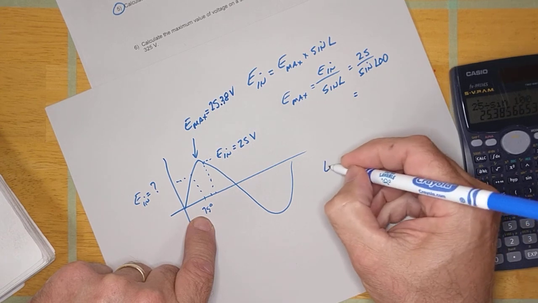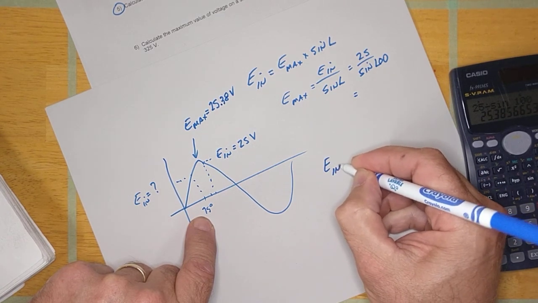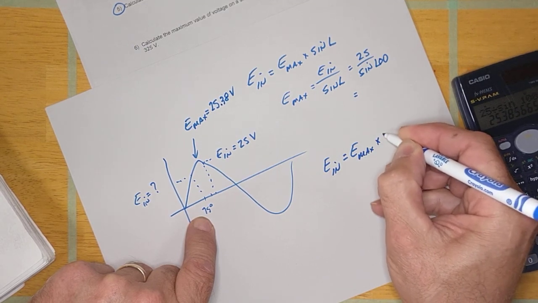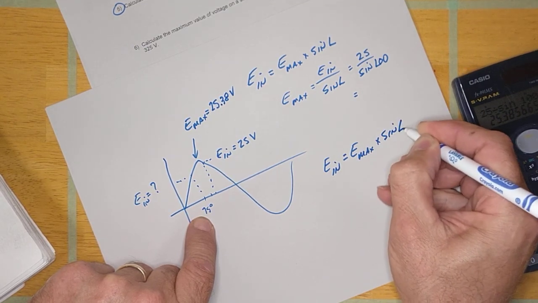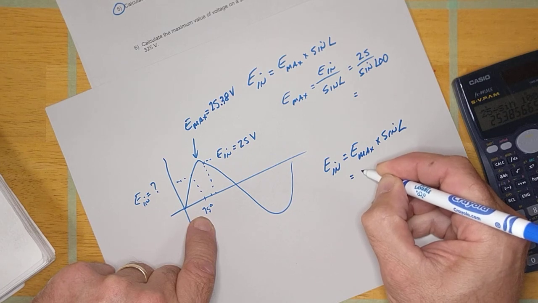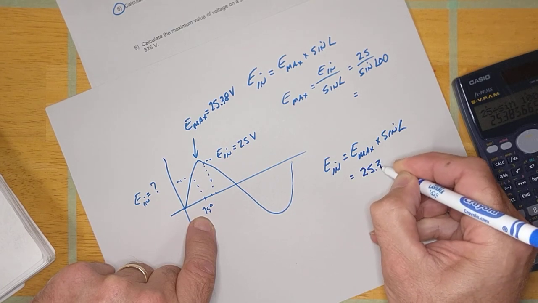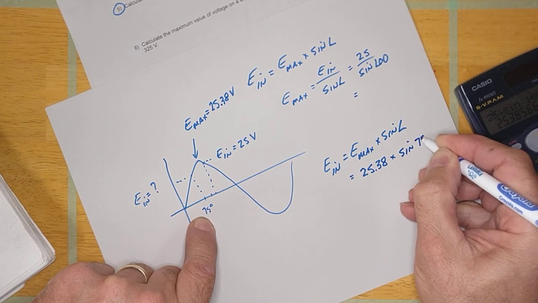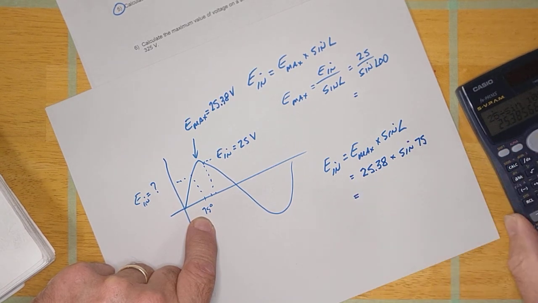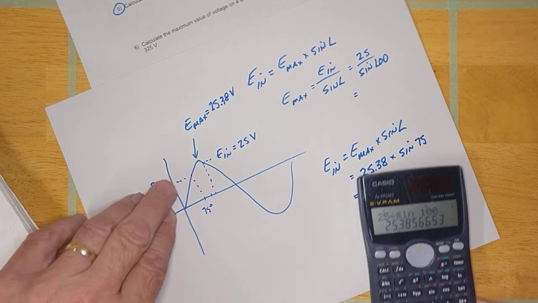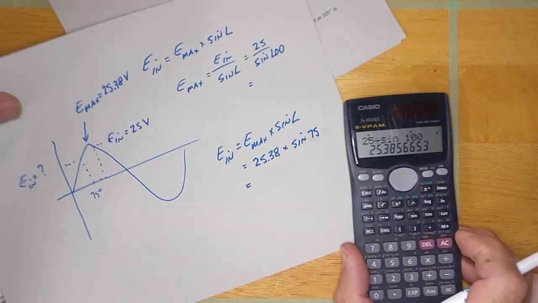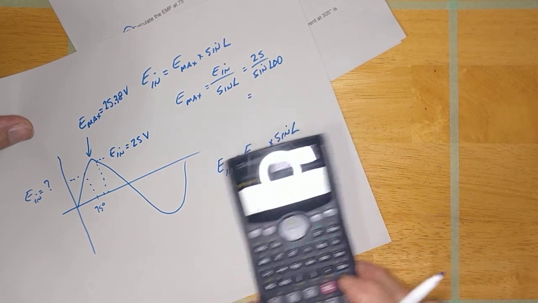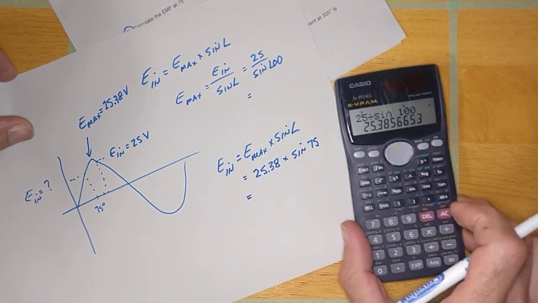We'll do it right here. E instantaneous is equal to E max times the sine of the angle. And now we know the max voltage. It's 25.38, and we're trying to figure it out at 75. All right, guys? And so we'll get the trusty calculator going here. We'll make some room. I noticed that if I put the calculator in the middle of the screen here, you get my nice light as a lot of glare.